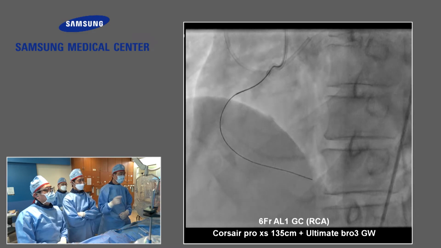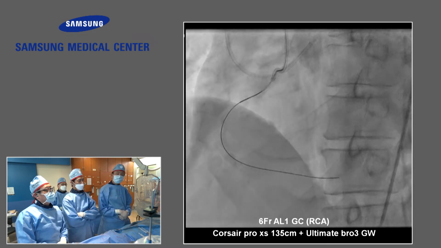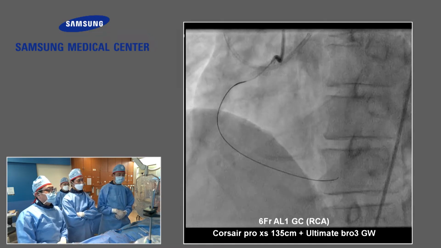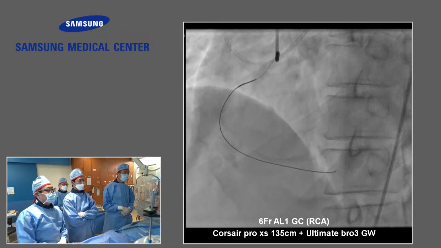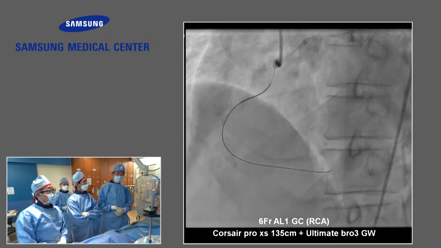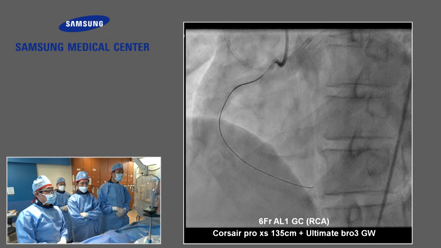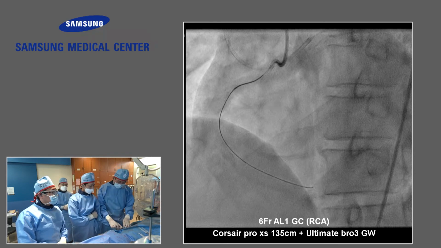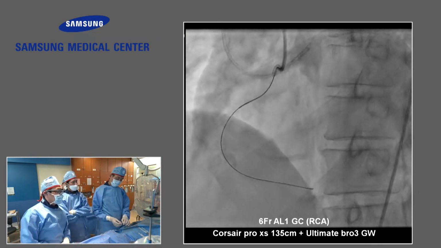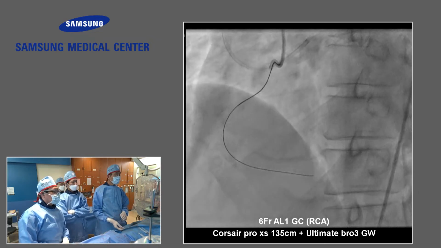You use Corsair XS now? Yes, Corsair X. In Japan, Corsair XS is used only for retrograde, because the pushability and driving force of Corsair Pro is better than Corsair XS.